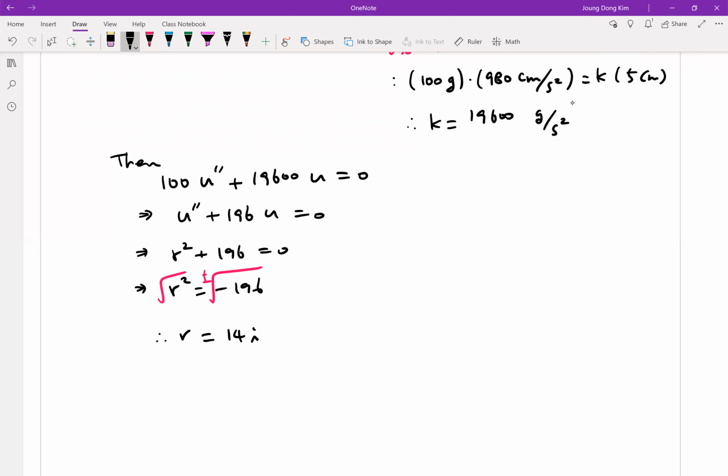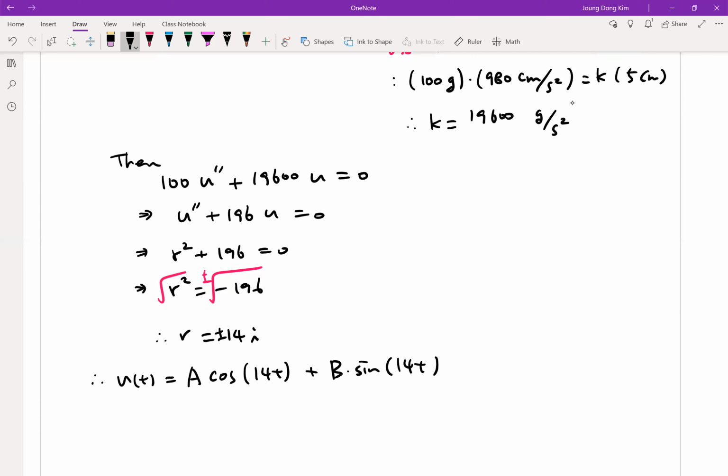Since it's imaginary, we can easily find the general solution, which is A cosine 14t plus B sine 14t. A and B are arbitrary numbers.